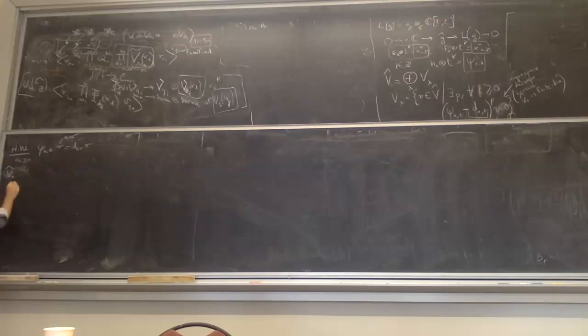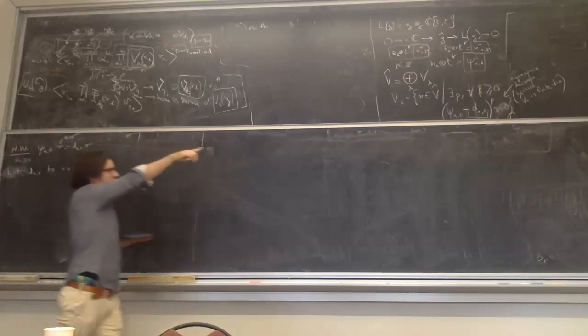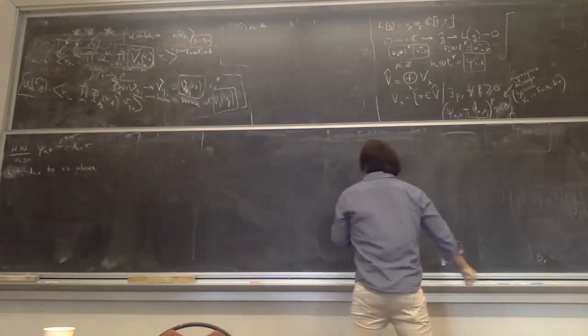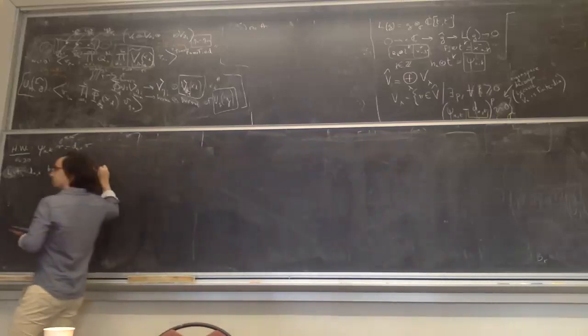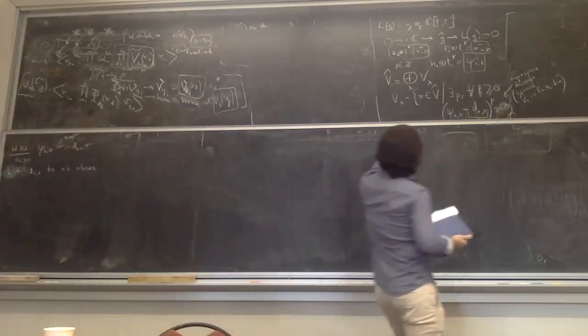So for V_a, let d_{a,k} be as above. Sorry, how does V lambda depend on lambda?